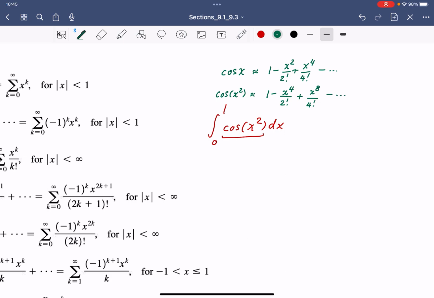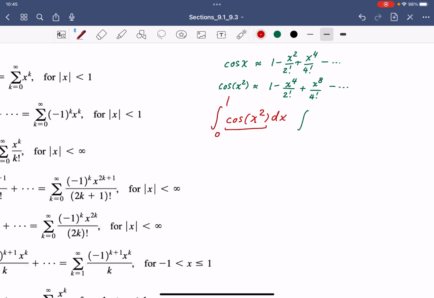So if I said use the Taylor polynomial of cosine up to degree 4, you're gonna get these terms and then you just integrate here now. It's gonna be the approximation, the integral from 0 to 1 of 1 minus x to the 4th power over 2 plus x to the 8th power over 4 factorial, 24, dx, and then you integrate that one.